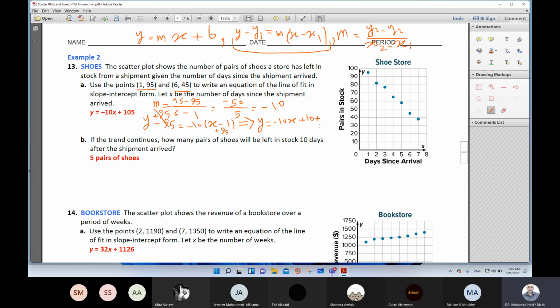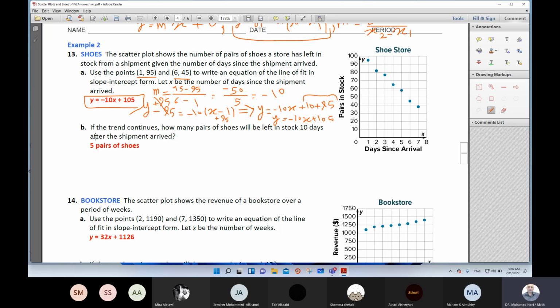Then we have here 95. We can simplify this equation, y equal negative 10x. Now 10 plus 95 will be 105. This is the equation.